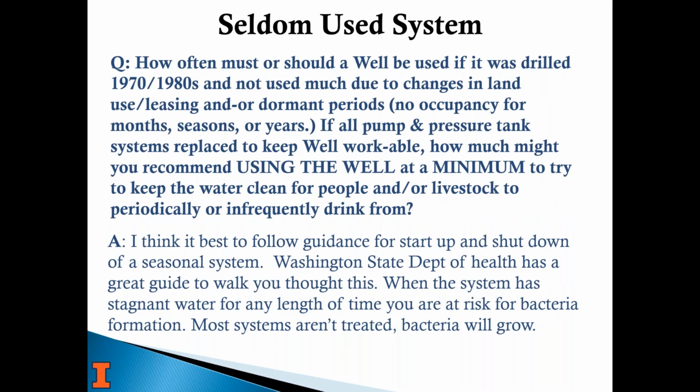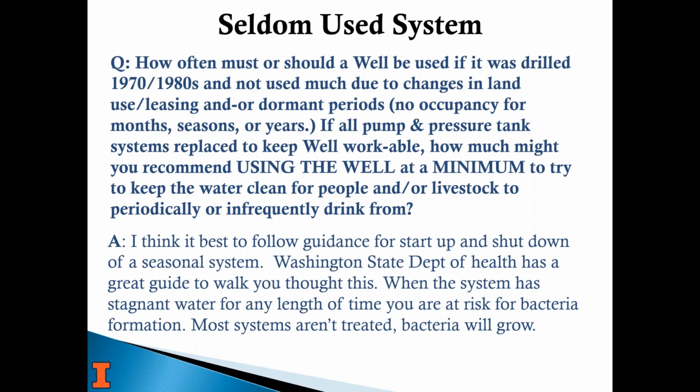The bottom line here is this person has a well from the 70s and it's not used much now. No occupancy for months, seasons, and years. Hopefully, if you're on this still, you understand that, like the house that was dormant for 10 years, that's a real problem.